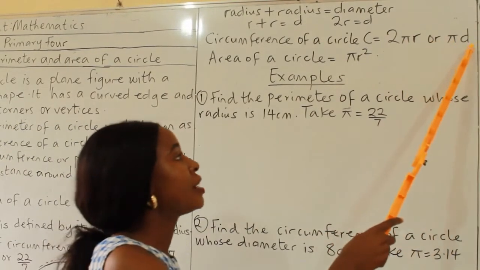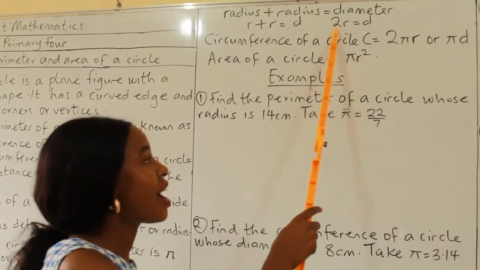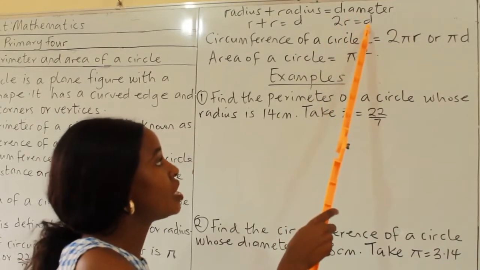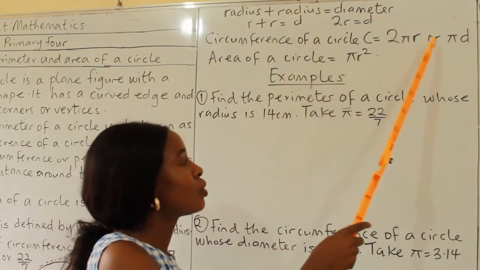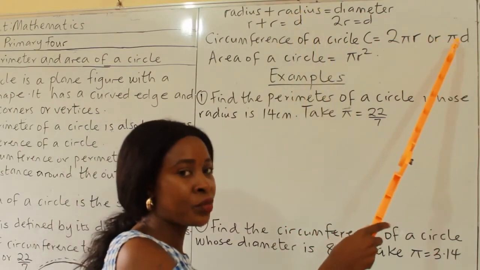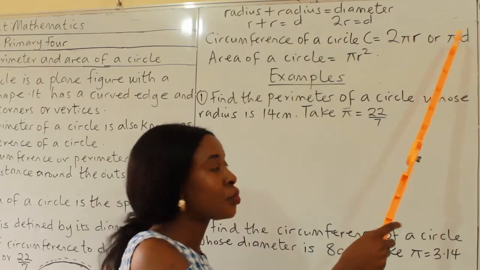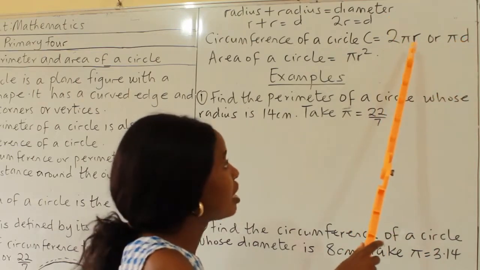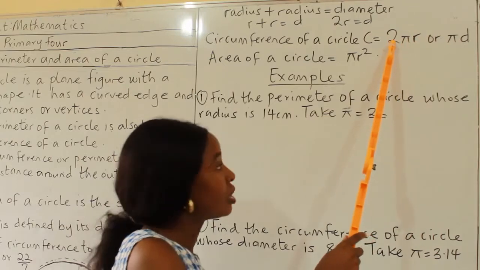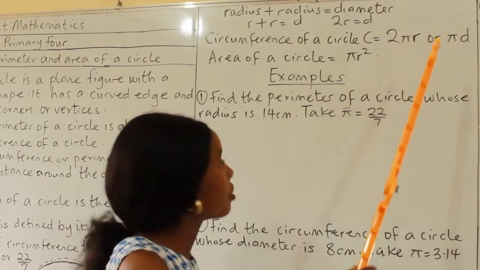This is pi d because 2r is equal to d. When your diameter is given, you can use pi d. When your radius is given, you can use 2 pi r.